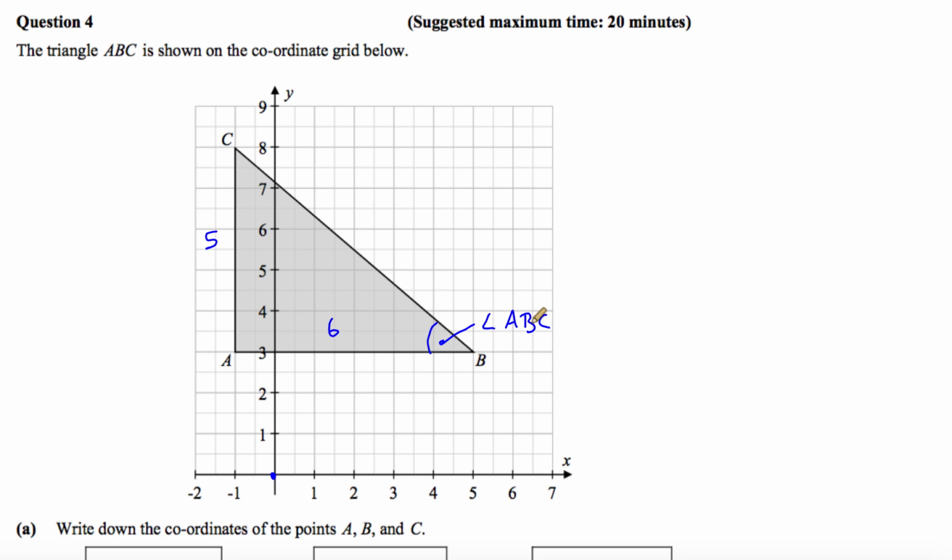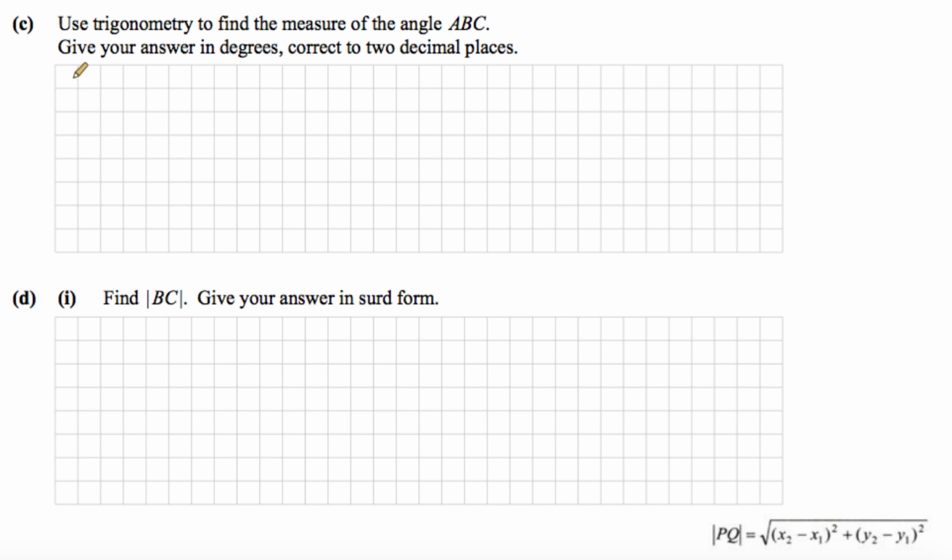So for the angle ABC, we've got the opposite side is 5 and we've got the adjacent side which is 6. So we know then that the tan of the angle ABC is the opposite, which is 5, over the adjacent, which is 6.